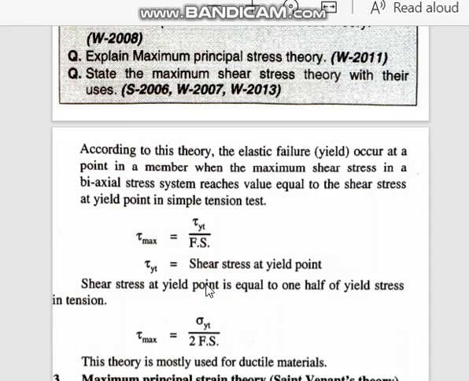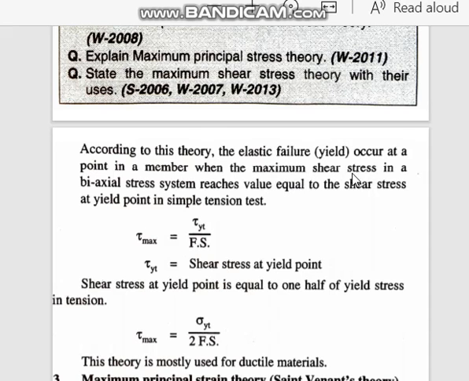We know that there are three principal stresses. One is maximum principal stress, second is minimum principal stress, and the third is maximum shear stress. Now the first theory talked about the first stress, that is maximum principal stress. Now the second theory is talking about maximum shear stress.